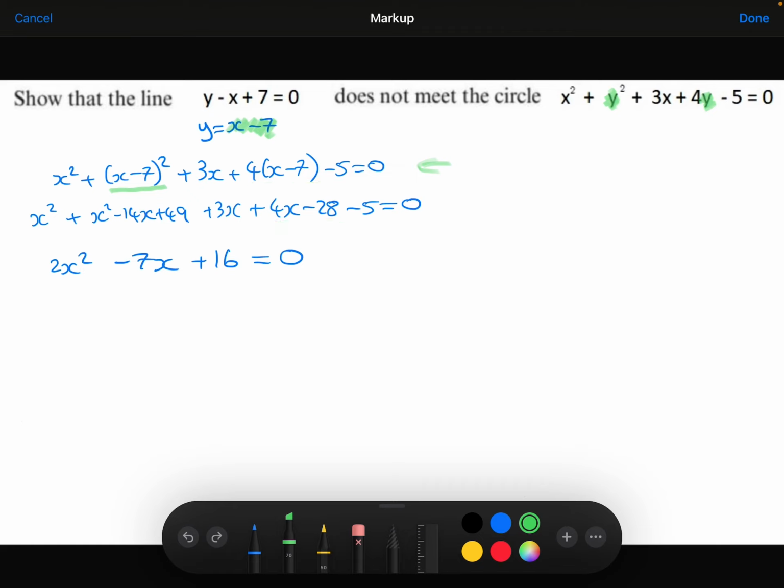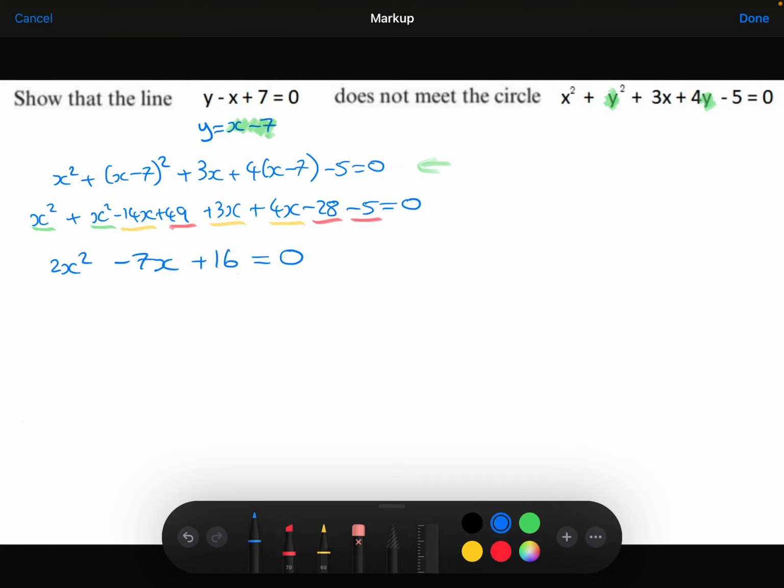And then I've collected up some like terms. I've got the x squared and the x squared is 2x squared. I've got the minus 14x plus 3x plus 4x, which is minus 7x. And then I've got the 49 minus 28 minus 5, which is 16.